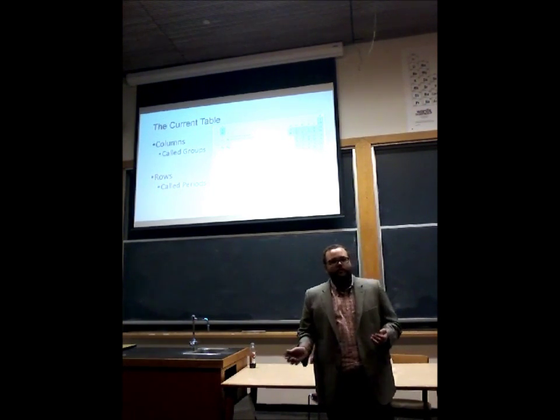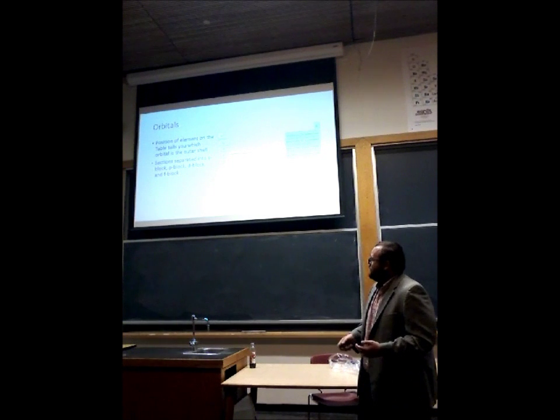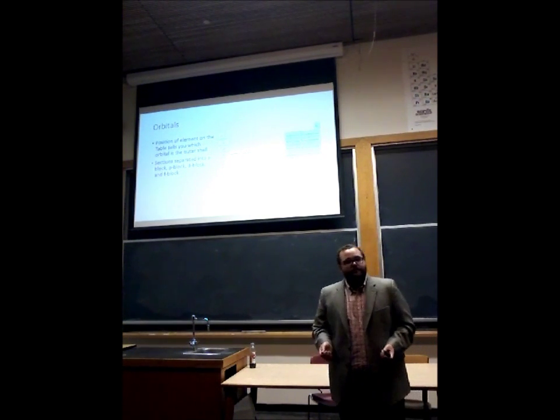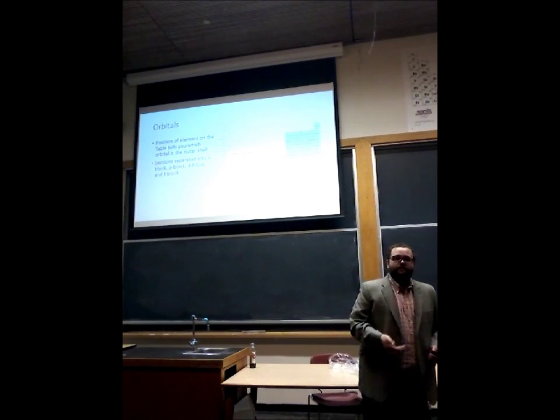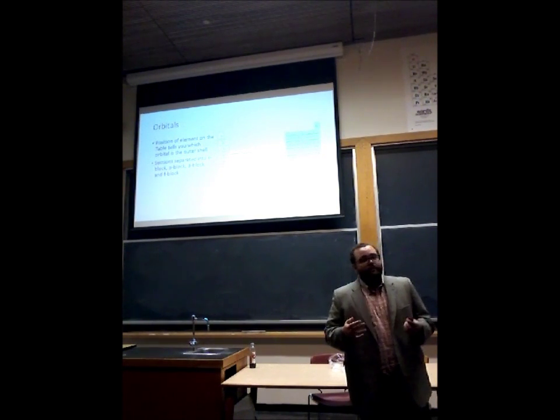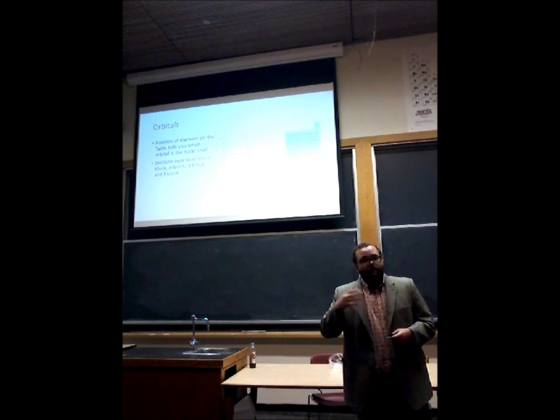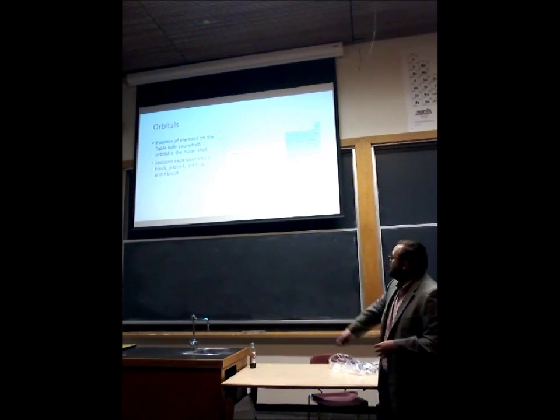So thinking back to our talks on electron orbitals, we know there are 4 types of orbitals: s orbitals, p orbitals, d orbitals, and f orbitals. Now the periodic table is arranged based on how those orbitals are filled up.